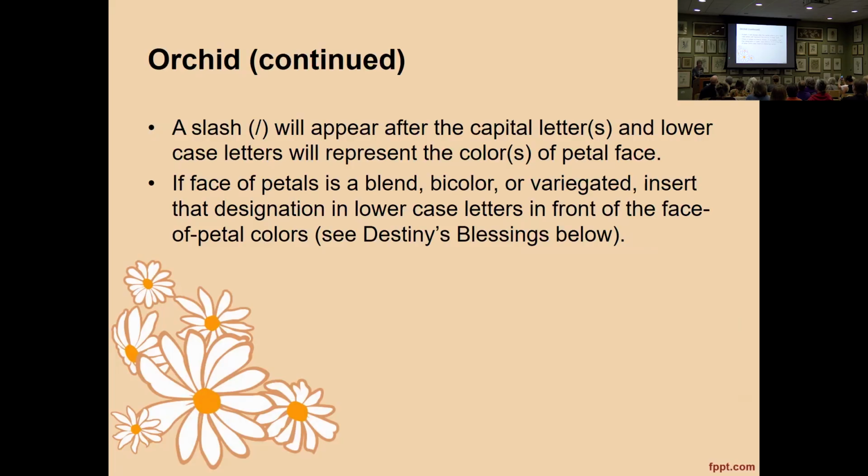A slash appears after the capital letters, and lowercase letters will represent the color of the petal face. If the face is a blend, bicolor, or variegated, insert that designation in lowercase letters in front of the face of petal colors.